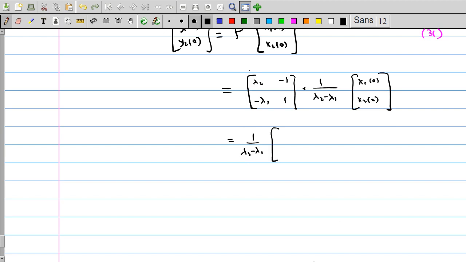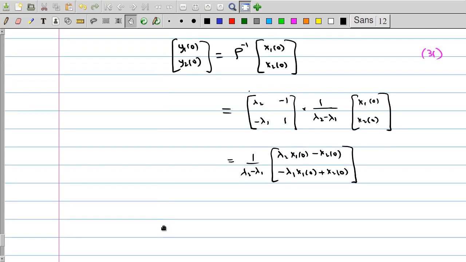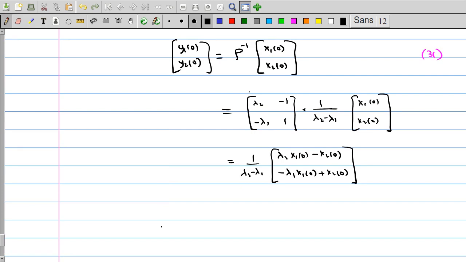And then it's lambda 2 x1(0) minus x2(0), and this is minus lambda 1 x1(0) plus x2(0), right? Bad enough, although I suppose it could have been worse. But it is completely general. I can give you any initial condition on your capacitor and your inductor and you will get it.